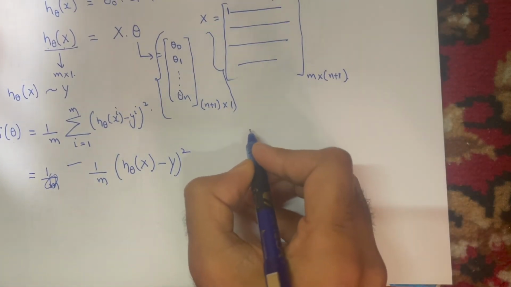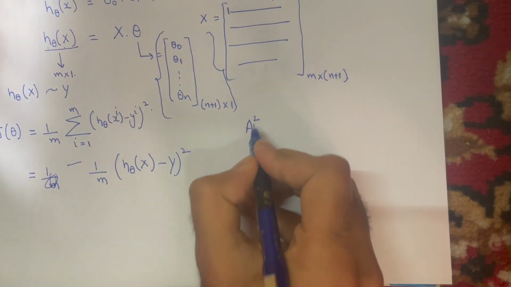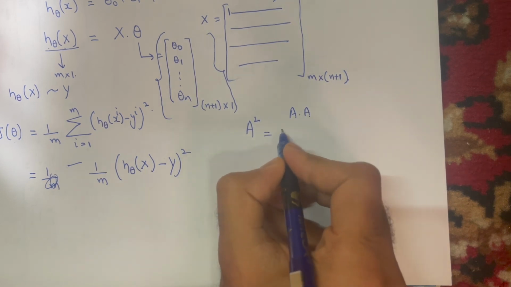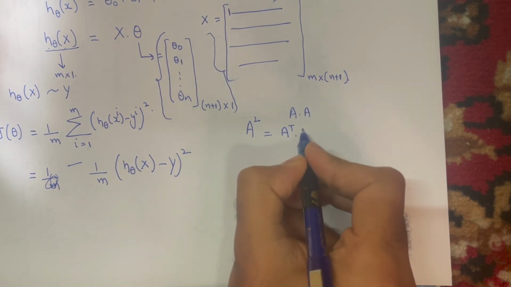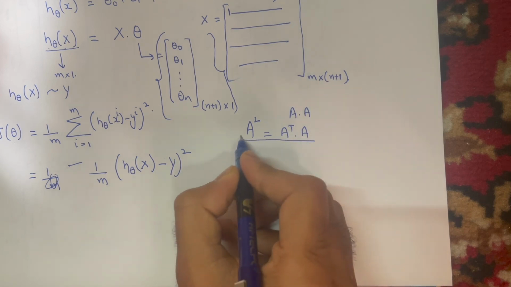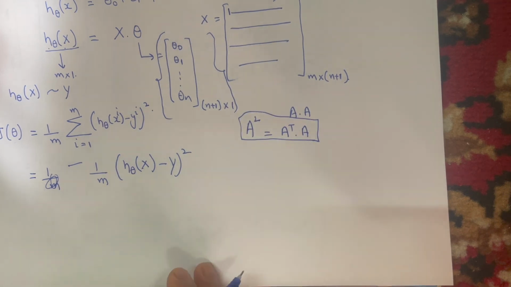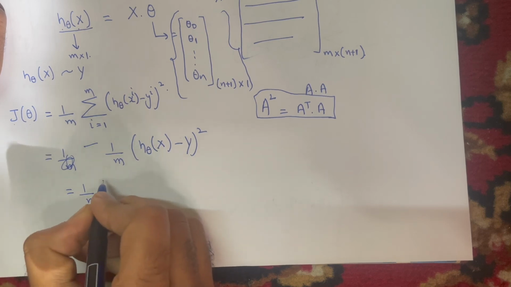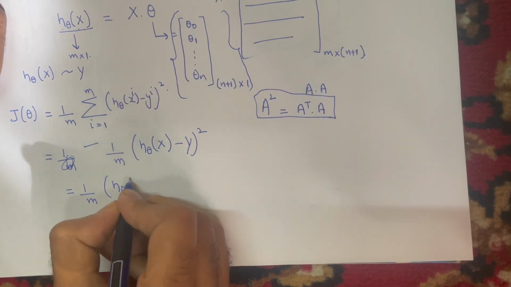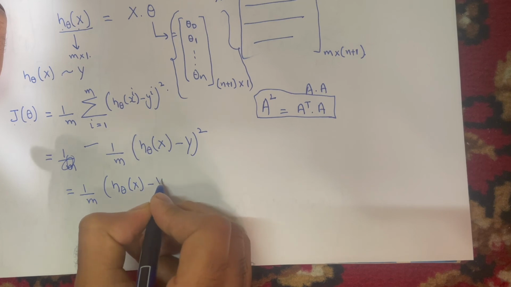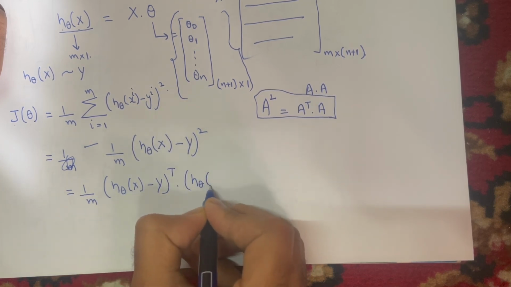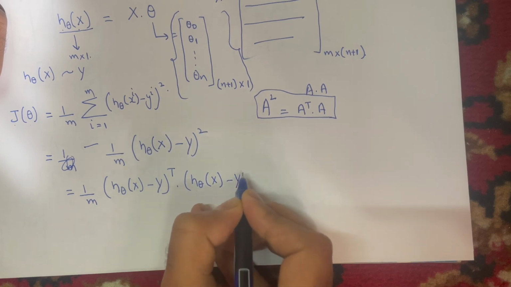And we know that if we have a matrix A square, it is not A into A. In matrix format, this is equal to A transpose into A. So you should know this. This is the general matrix rule that we use. So it is equal to 1 by m h of theta x minus y transpose into h of theta x minus y.